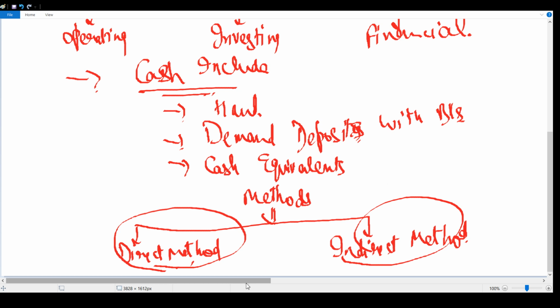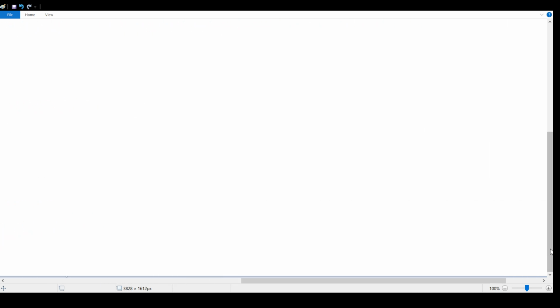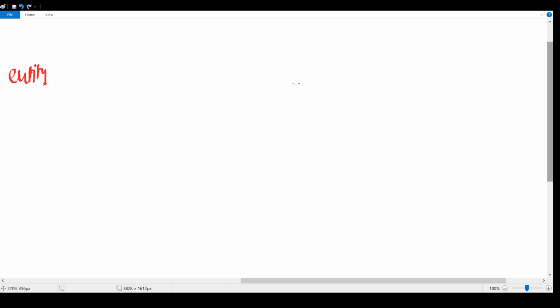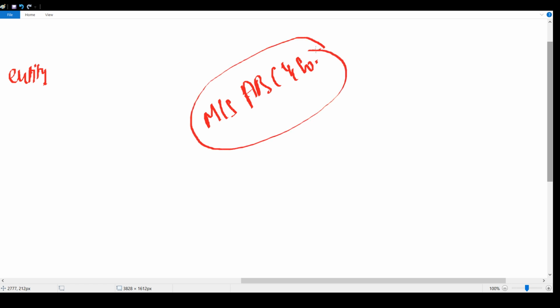Now, let's take up an example. For example, there is a firm named Messrs. ABC and Company. It's not a company, it's just a firm. It goes to a chartered accountant who is in practice and asks him to prepare the cash flow statement of ABC and Company.